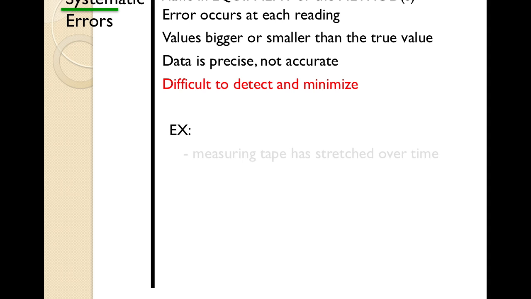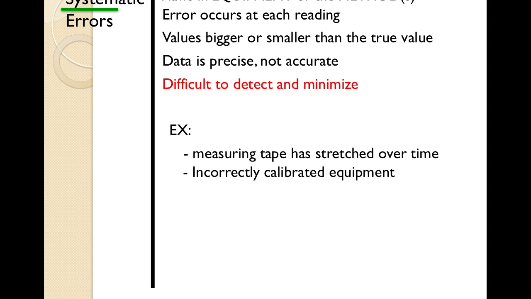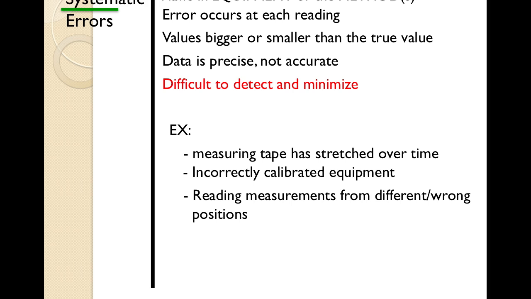So for example, measuring tape that is stretched over time, you're going to continue to use it thinking that it's perfect, it's wonderful, but you don't know that it got stretched. So now each of your measurements is like 0.1 millimeter over, or 0.1 centimeter, sorry. Incorrectly calibrated equipment.